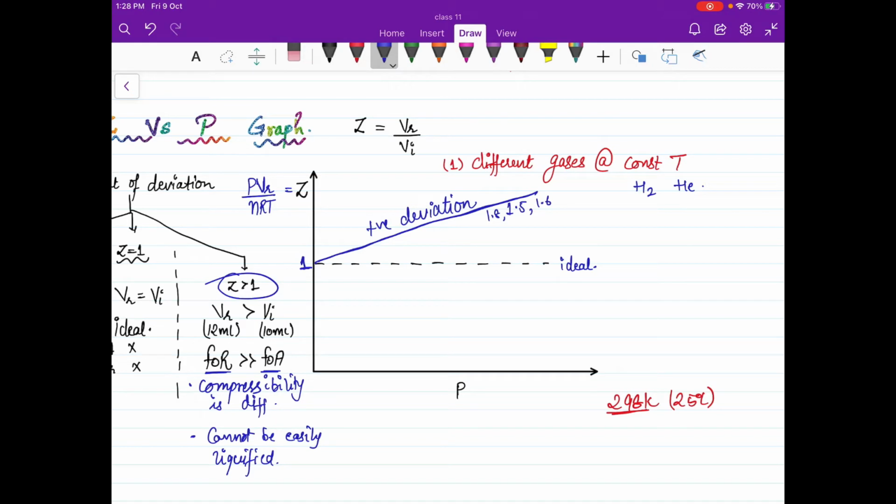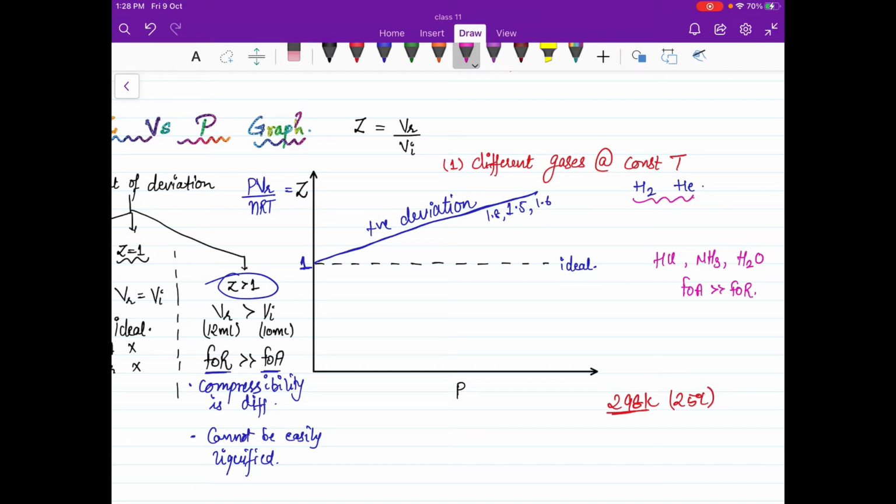And then there were gases like HCl, NH3, or I would say H2O, water vapors. So these were the gases in which the force of attraction was much higher than the force of repulsion because of the dipole being present. Over here there was no dipole, right? These are non-polar gases.